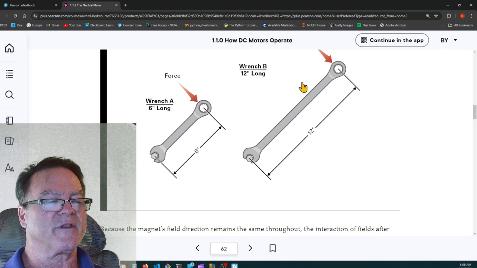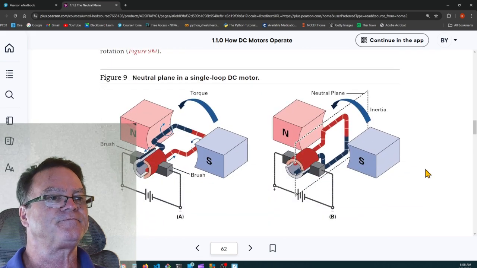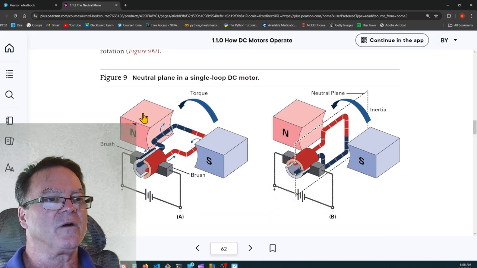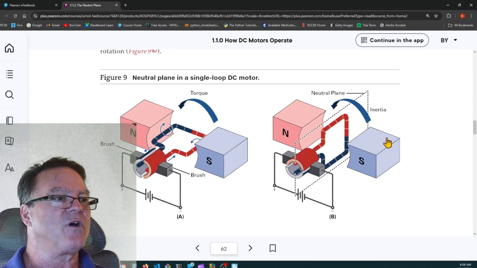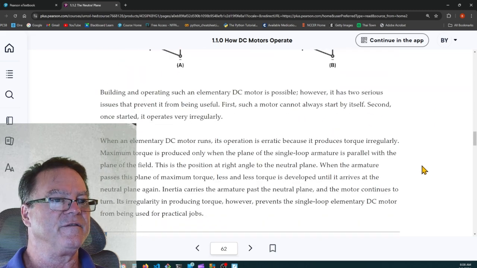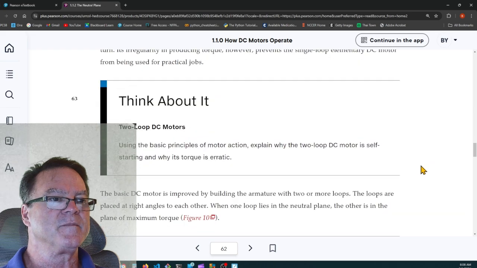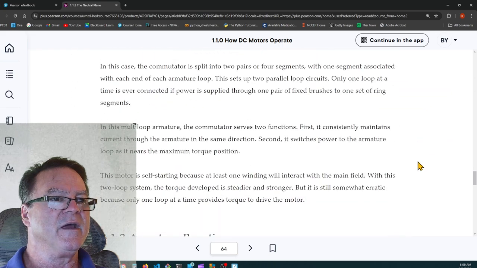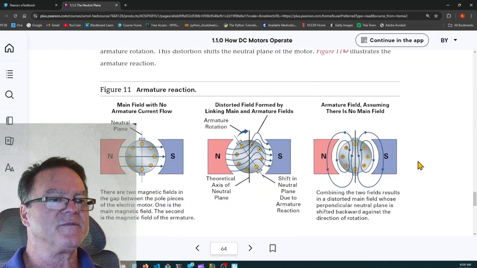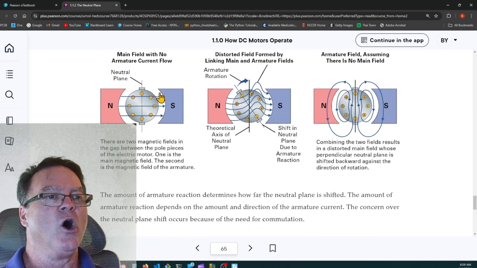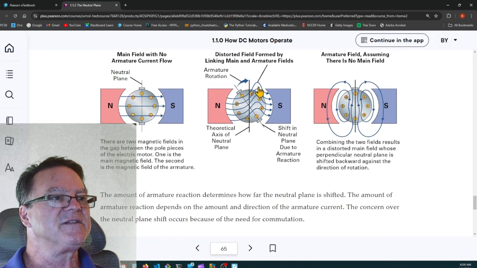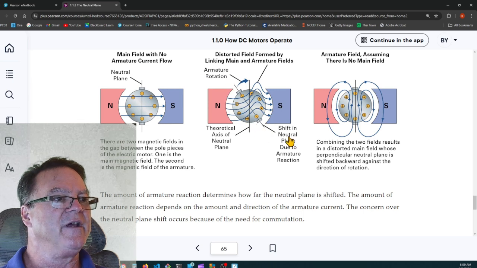Whenever they use the word torque, they mean circular force. So here we are rotating this armature inside of this magnetic field. There you go. What happens is it bends these lines of magnetic flux and it changes our neutral plane, shifting the neutral plane due to armature reaction.